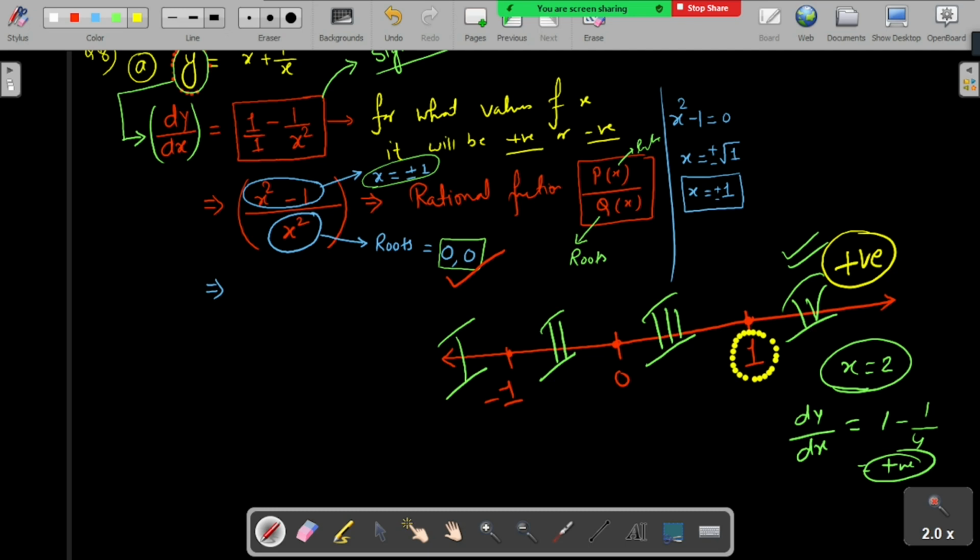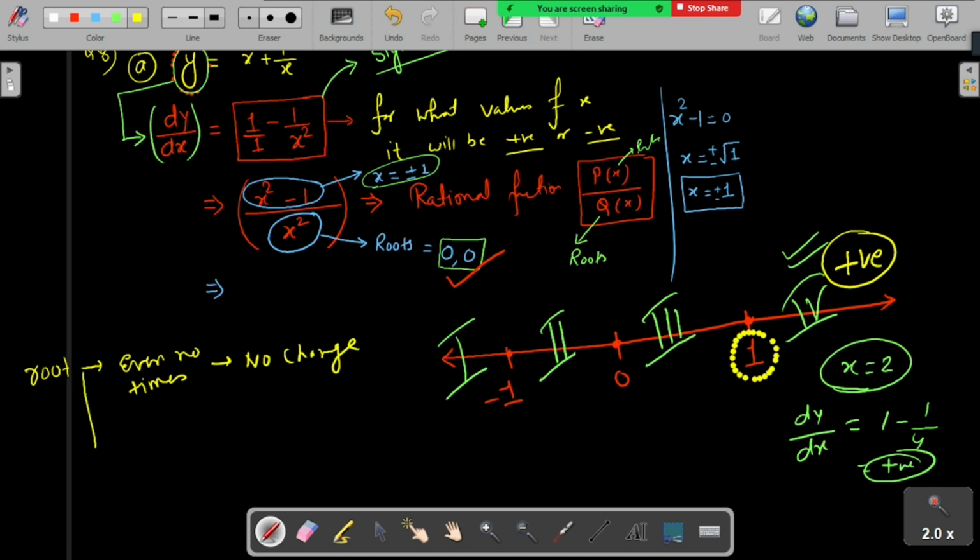Is it coming an odd number of times or an even number of times? If the root is coming an even number of times, I'm not saying even root, I am saying even number of times, then no change.